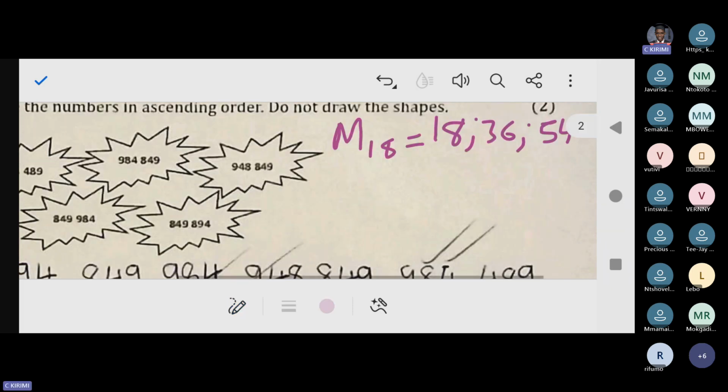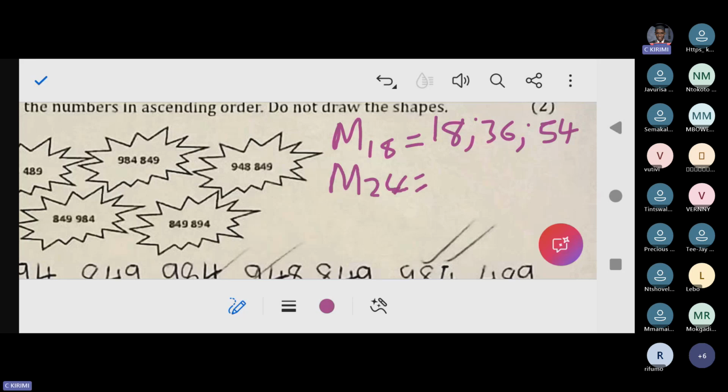And so on. Then multiples of 72, multiples of 24: the first multiple is 24. Then we add 24, we get 48.